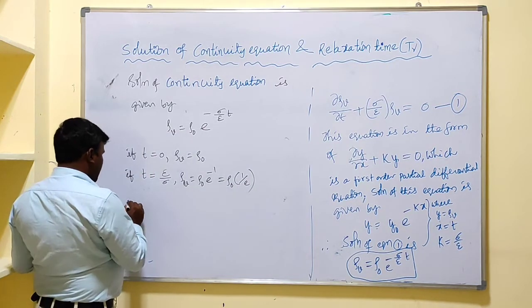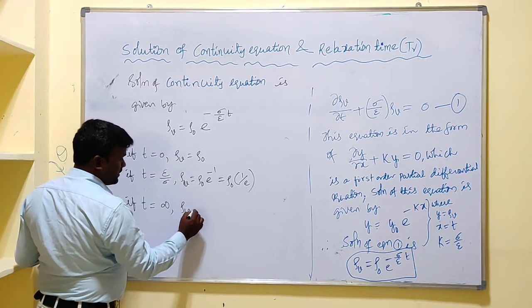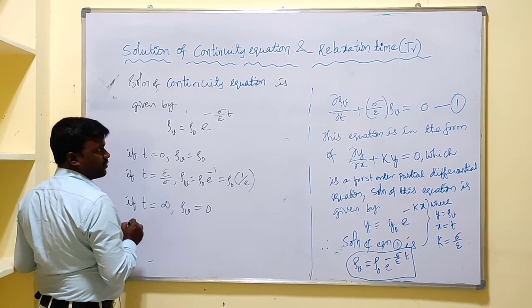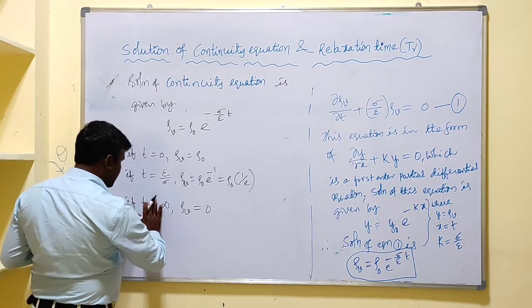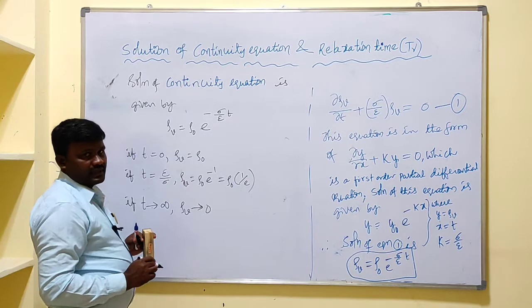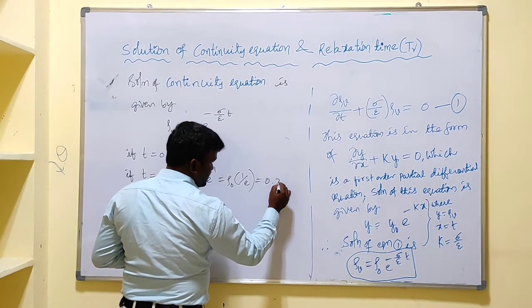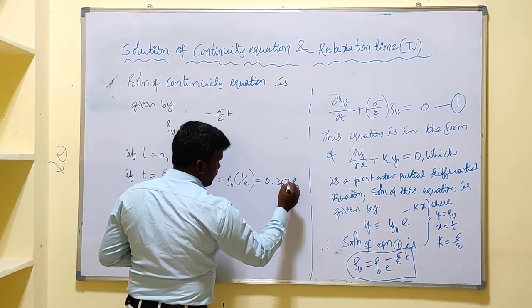And if t equal to infinity, rho v is what? 0. If t tends to infinity, rho v tends to 0. And at this one, or else this is what? 0.367 rho naught.